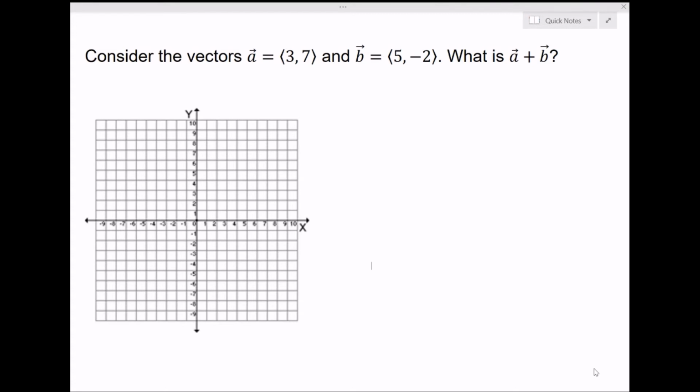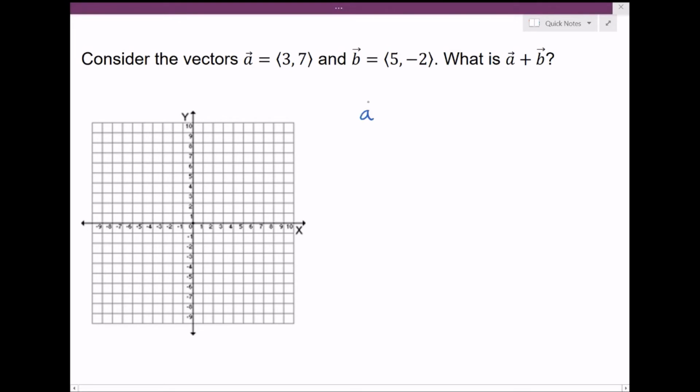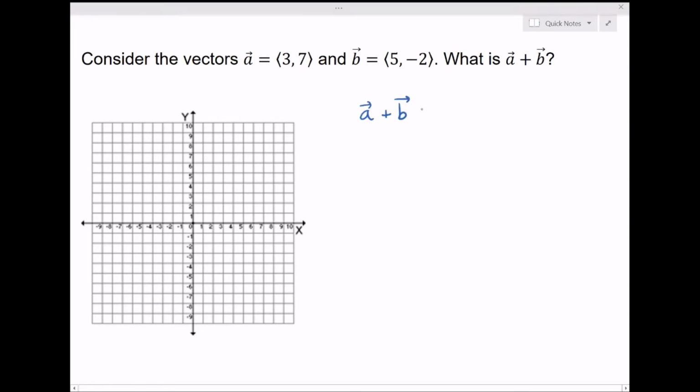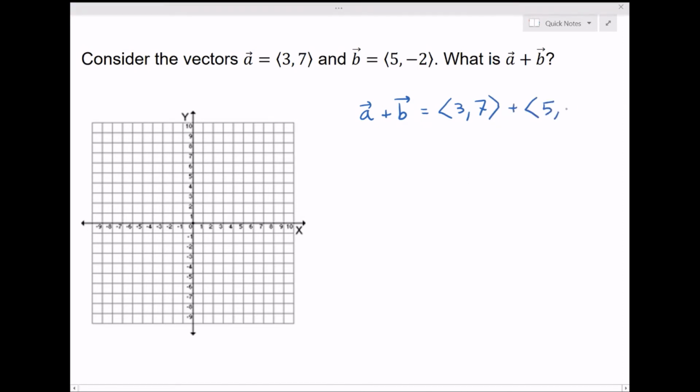What is the sum? Well, how this goes is, you've got a plus b, in other words, bracket 3 comma 7 plus bracket 5 comma negative 2, right? And all you do is add the corresponding components.